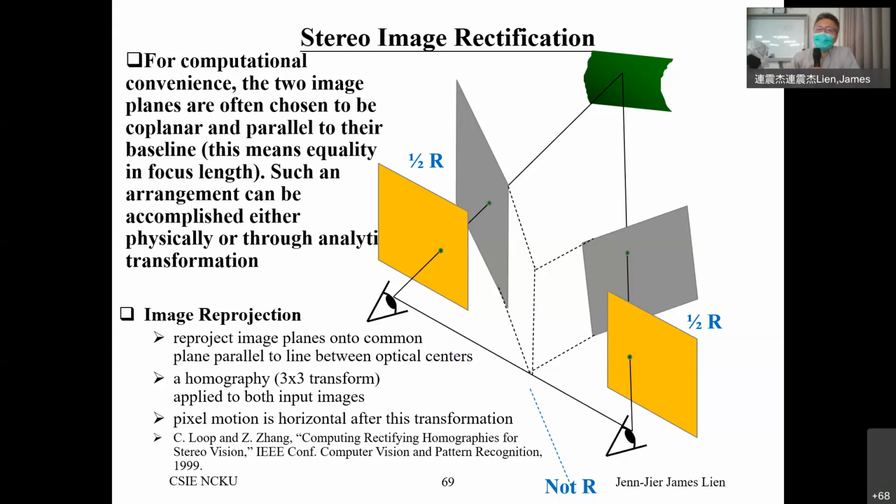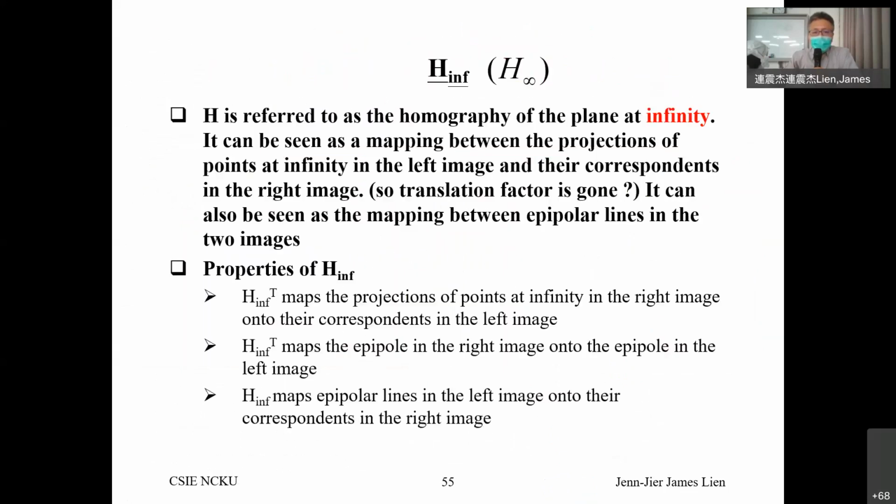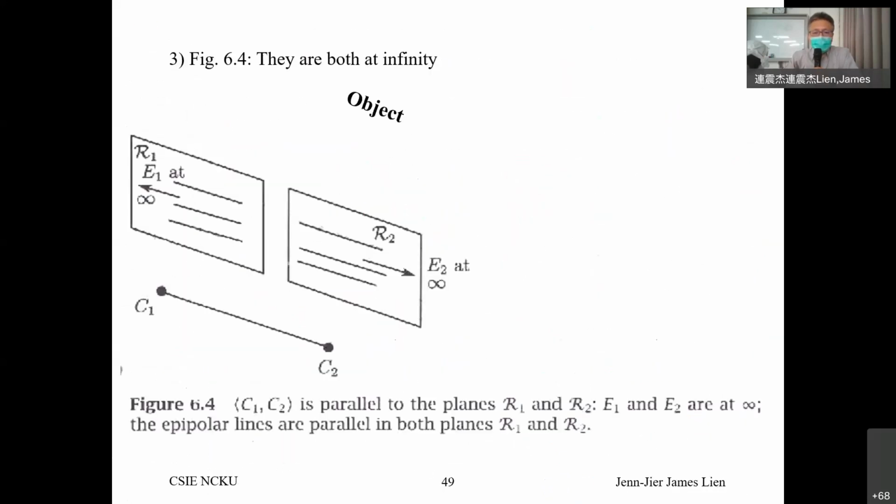So in order to find the corresponding point easily, we need to do camera image rectification. That's also rectification, 校正. Rectification includes rotation and translation. We have three cases for the camera.